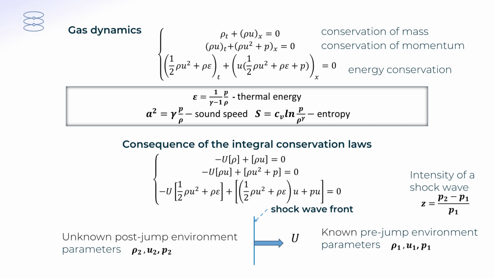We have introduced energy, which is kinetic energy plus thermal energy, and this is the energy flux. This is momentum, this is the flux of momentum, and this is density, and this is the flux of mass.